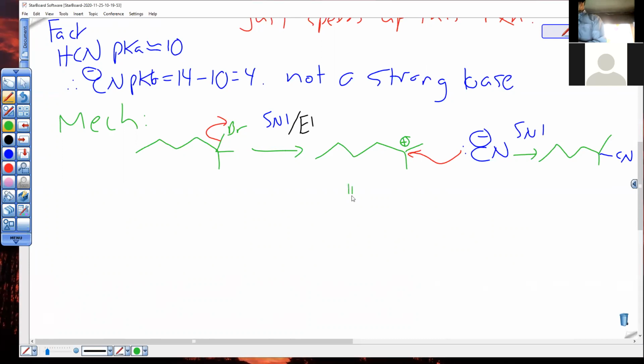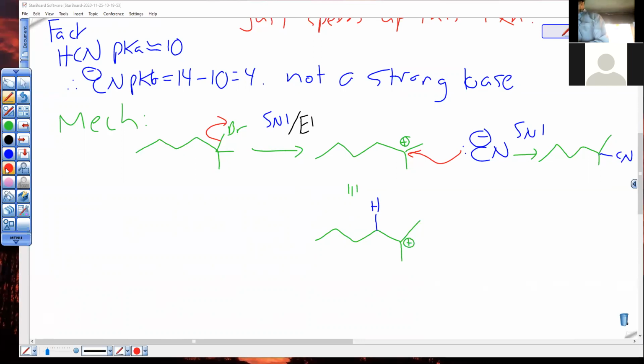Carbocation has other options. You really would prefer making a sigma bond, right? Well, this hydrogen went away as a beta hydrogen. Remember, this carbon used to have a leaving group on it, so still call that alpha.